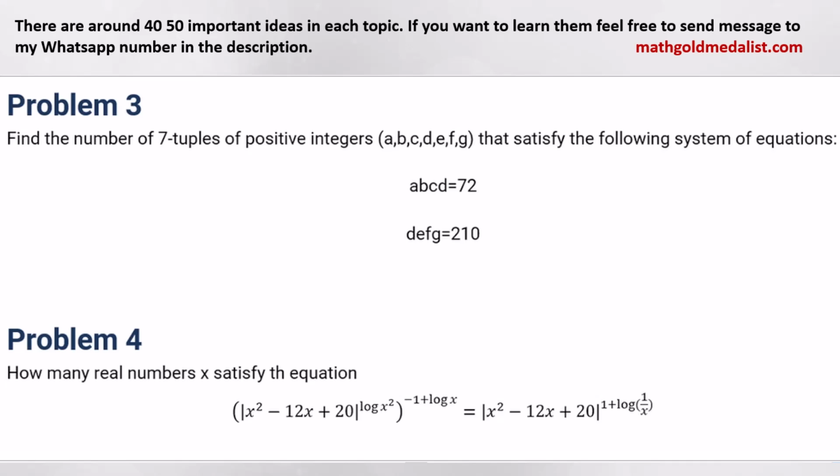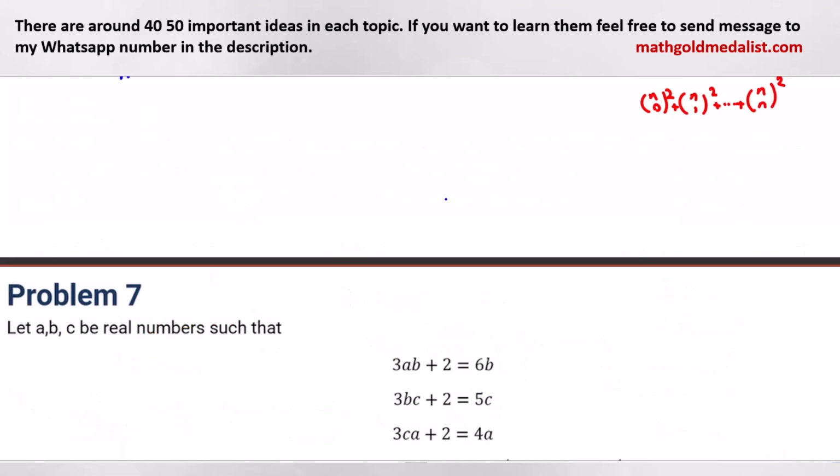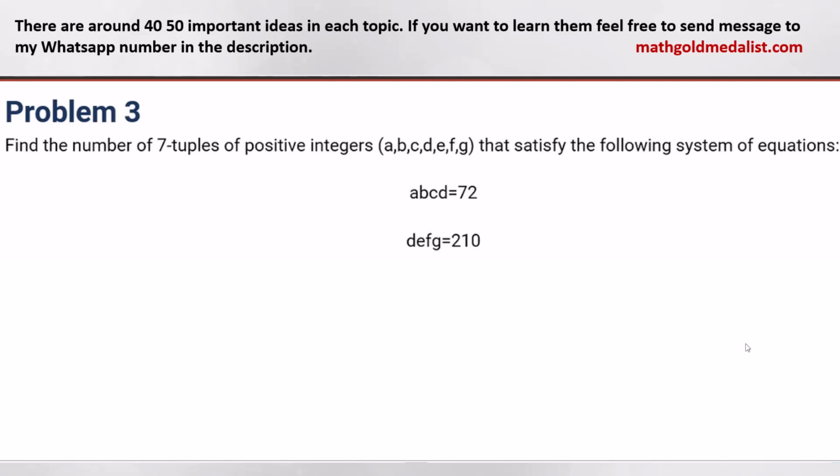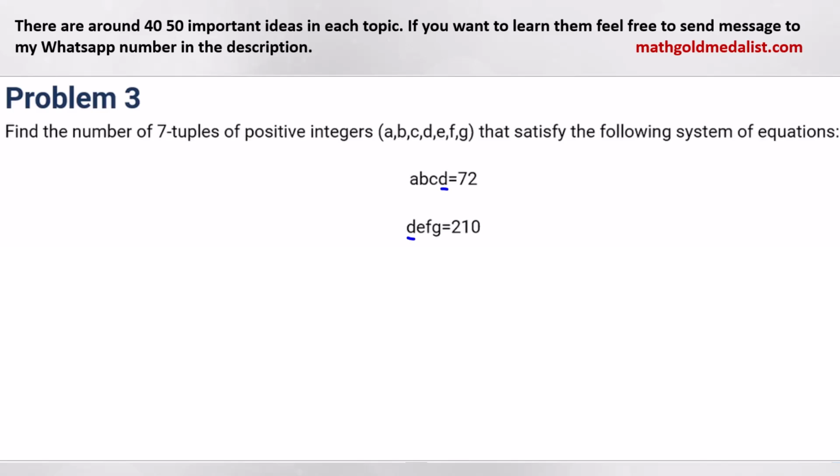Let me add a page. For this part, the variables A, B, C, D have a common variable. It is D. So one idea, let me tell you, is idea 5.